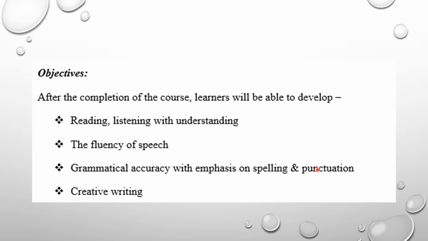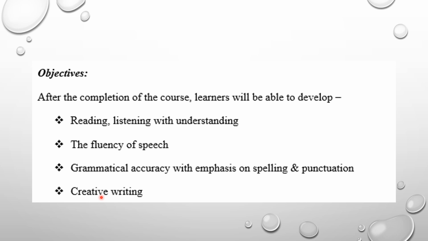Last point, creative writing. Some people say creative writing means free writing. Creative writing is when we write something using our own imagination power. If we write something by using our own imagination power, we call it creative writing or composition.